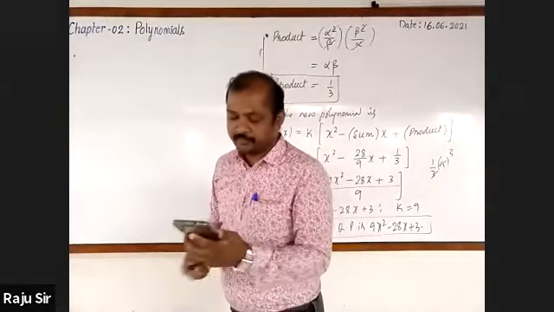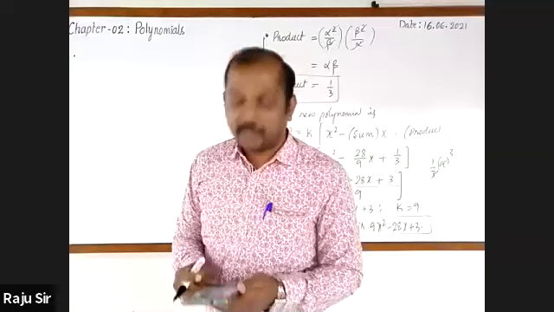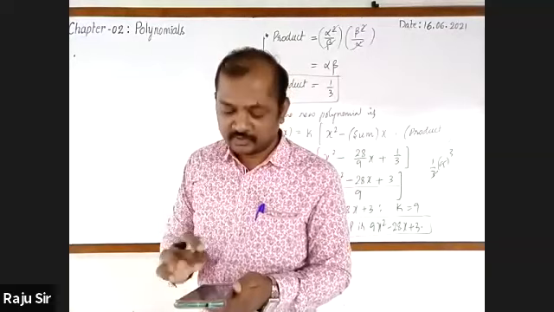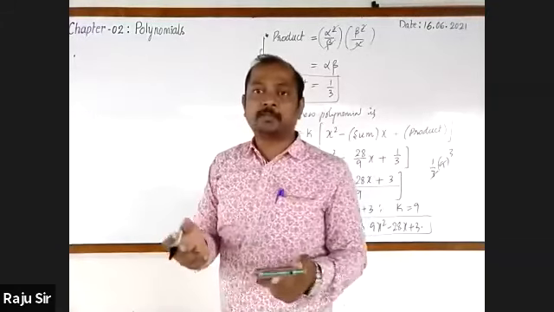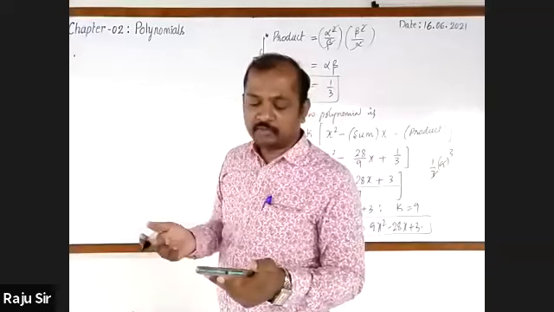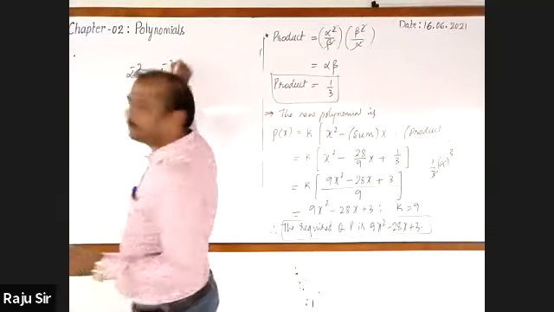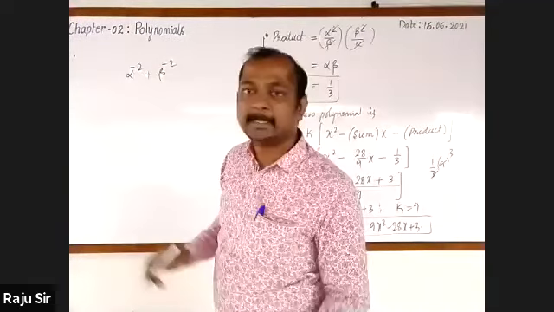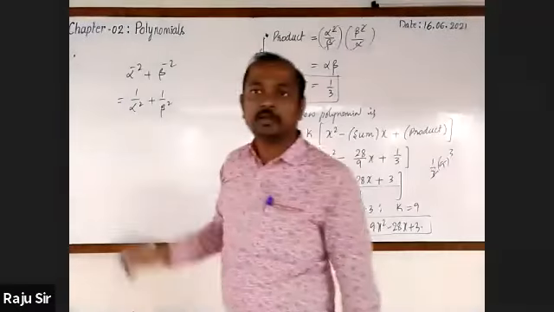Just observe here. The statement was like this: alpha and beta are the zeros of a quadratic polynomial ax square plus bx plus c, and then we have to evaluate alpha raised to the power minus 2 plus beta raised to the power minus 2. This can be written as 1 by alpha square plus 1 by beta square. Take LCM.